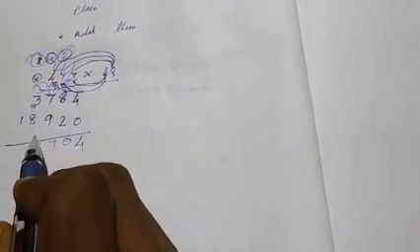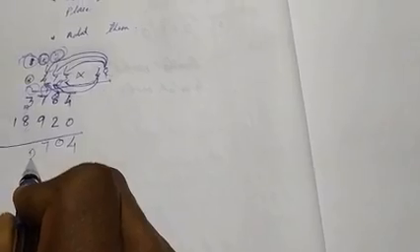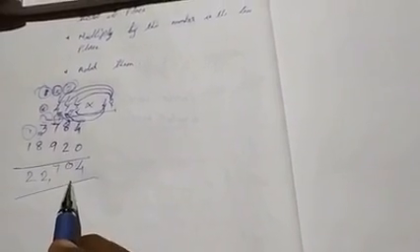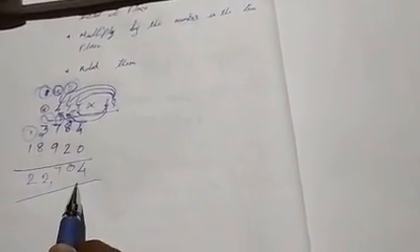Next, 3 plus 8, 11. 11 plus 1, 12. Remainder 1. 1 plus 1, 2. So the product of this number is 22,704. Okay, like this you need to do the sum.